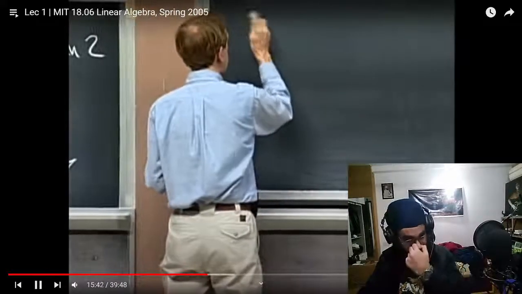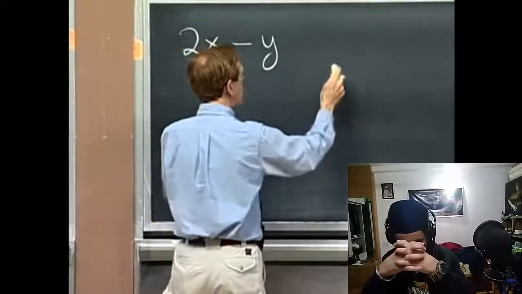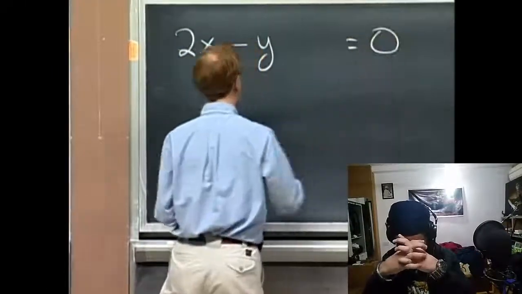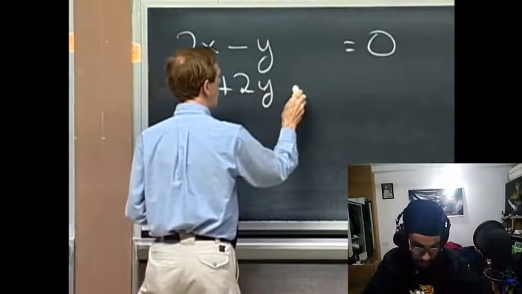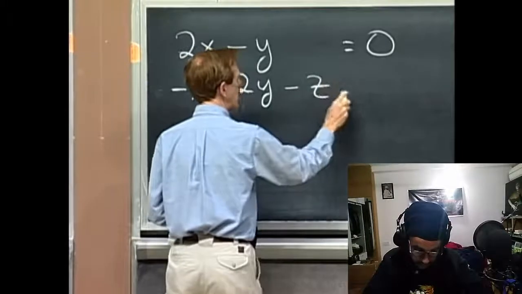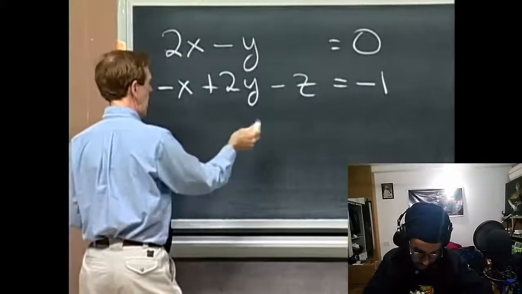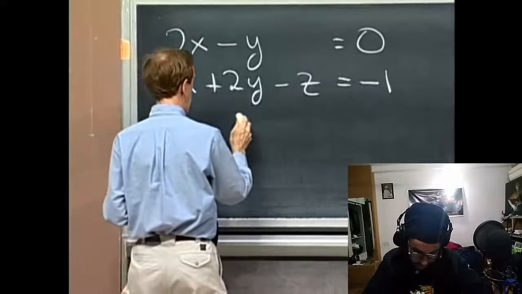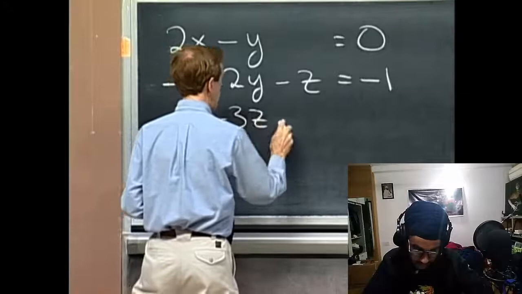I'll start it the same way: say 2x minus y, and no z's, as a 0. And maybe a minus x and a 2y, and a minus z, let me make that a minus 1. And just for variety, let me take minus 3z, minus 3y's.